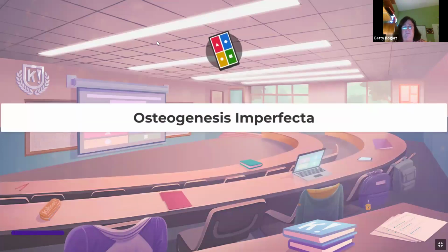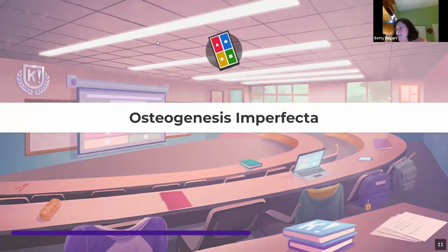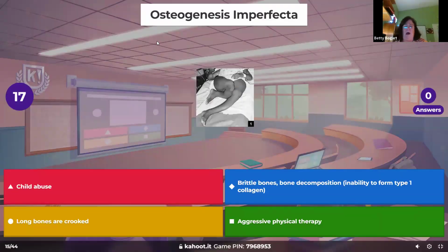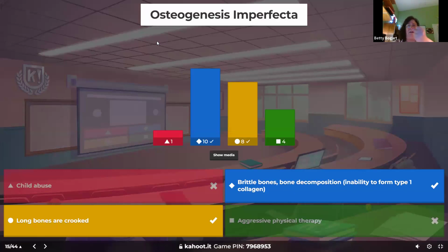A multi. Osteogenesis imperfecta. What is it? I've actually seen a couple children with this, and you really do treat them differently. We used to use the baby blankets to lift them up and move them around because you didn't even want to touch them.